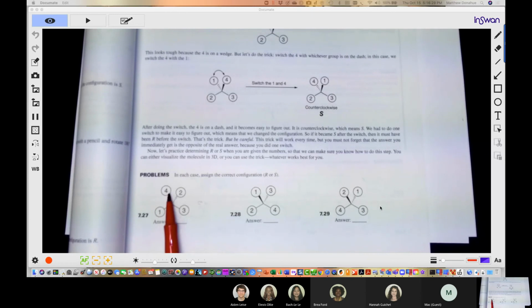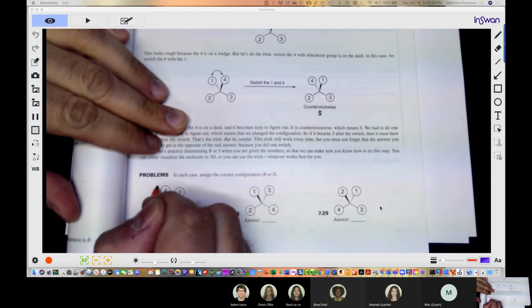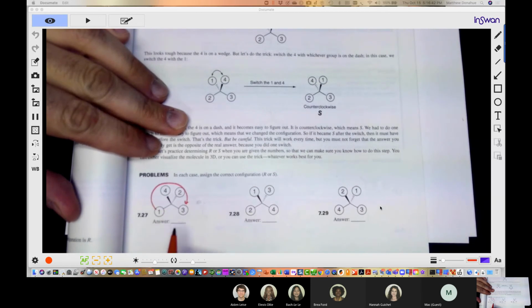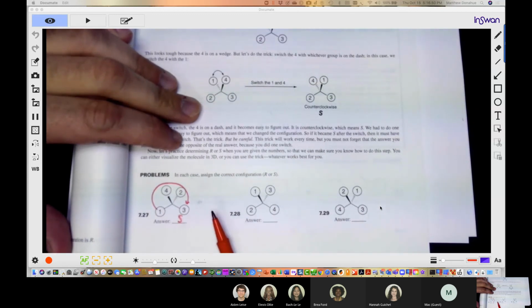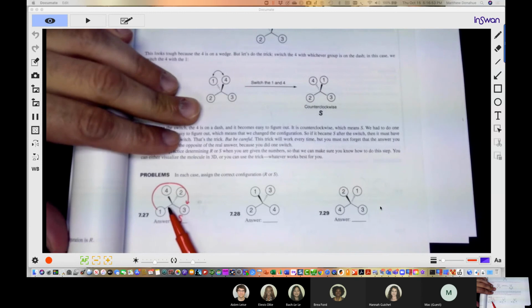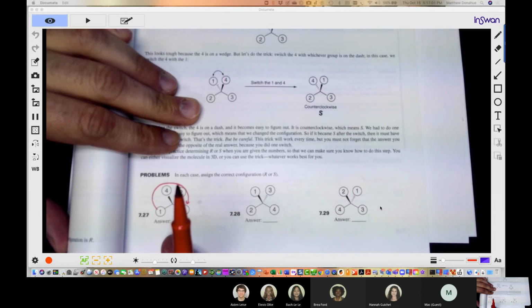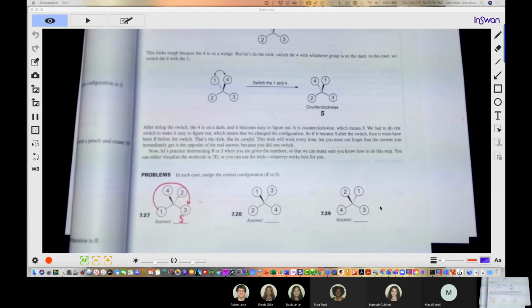So yeah, 4 is towards you, and when you connect 1, 2, and 3, you're initially going clockwise, which would be R, but since 4 is towards you, you have to flip it to make it S. If you have really good visualization skills, you can almost picture your eyeball behind the page of this paper where 4 would be the lowest priority group pointing away from you.